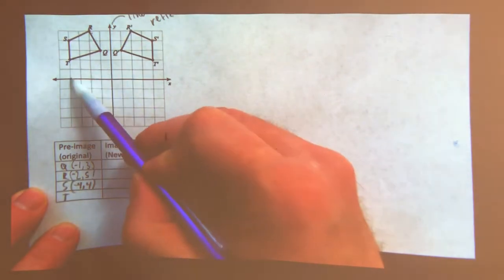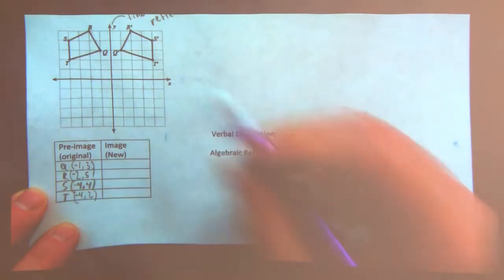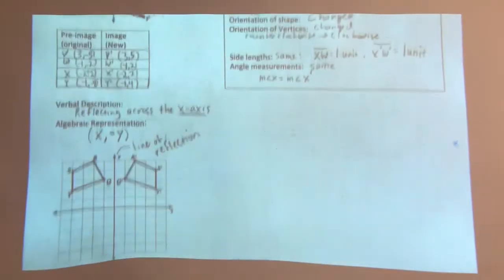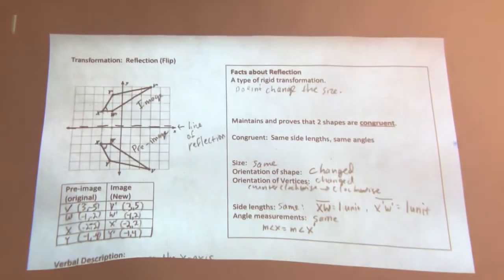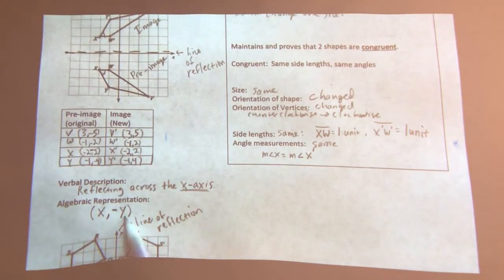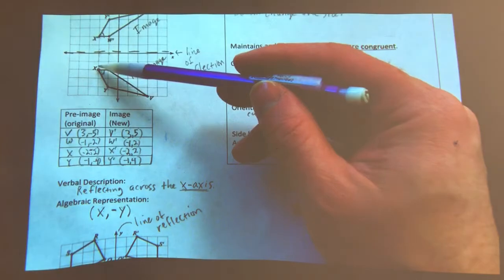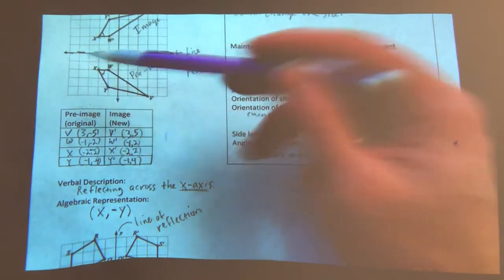And T is -4, 2. Now before, if you remember, when we went across the x-axis, we changed the sign of the y value, but we kept the x value the same, because we were flipping over. So our x value stayed the same, but our y value flipped.